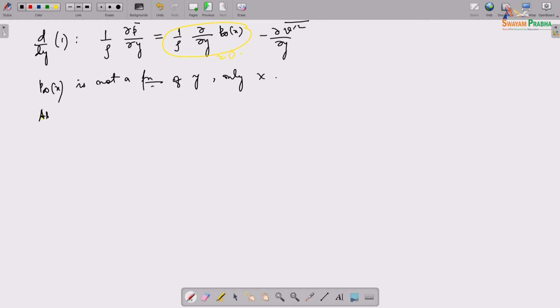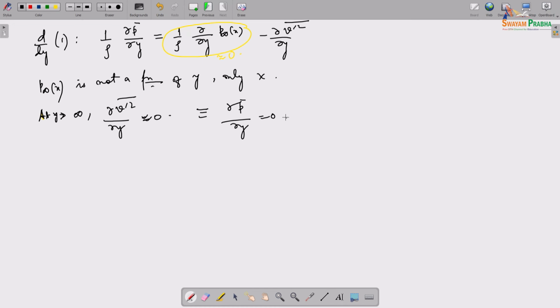So both the terms on the right hand side go to 0, and so the gradient of pressure in the y direction, del P del y, is 0.